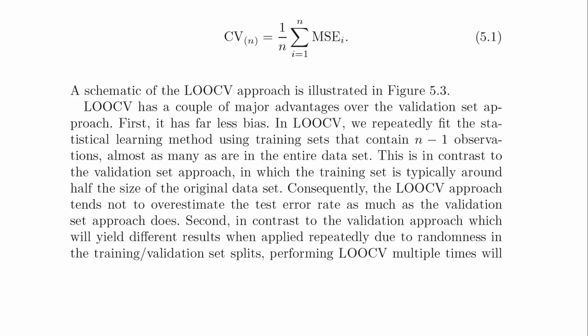This is in contrast to the validation set approach, in which the training set is typically around half the size of the original dataset. Consequently, the leave one out approach tends not to overestimate the test error rate as much as the validation set approach does.